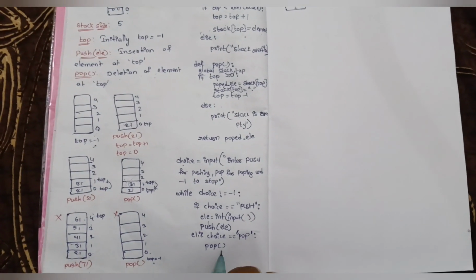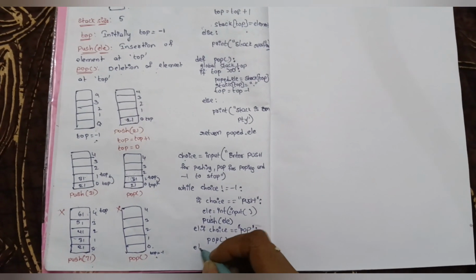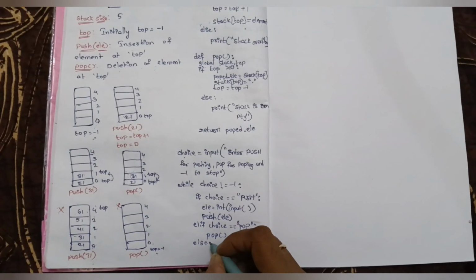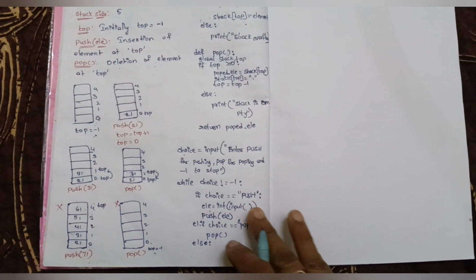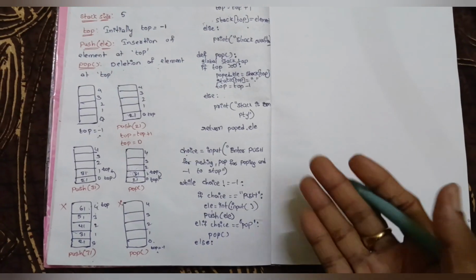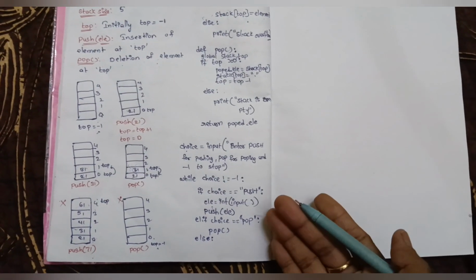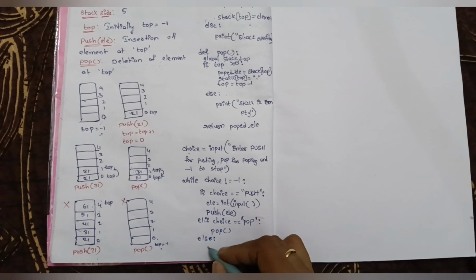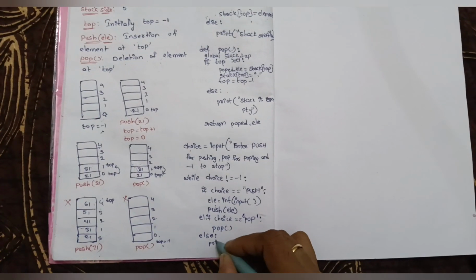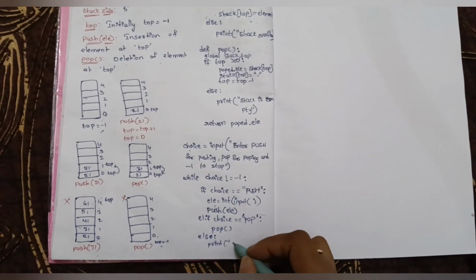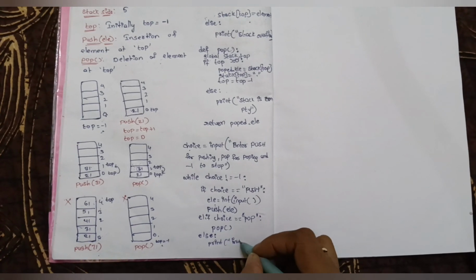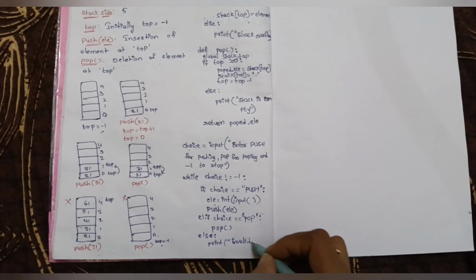Just call the pop function. Otherwise, else, that means the user entered something other than -1, push and pop. We just need to display invalid input, because it is not valid for our program.